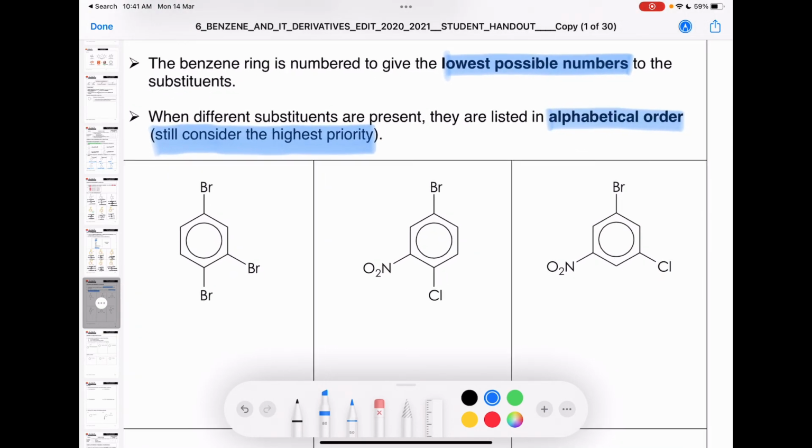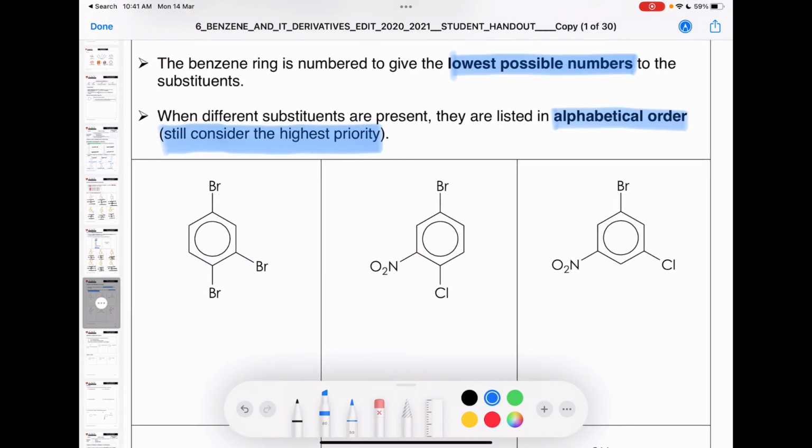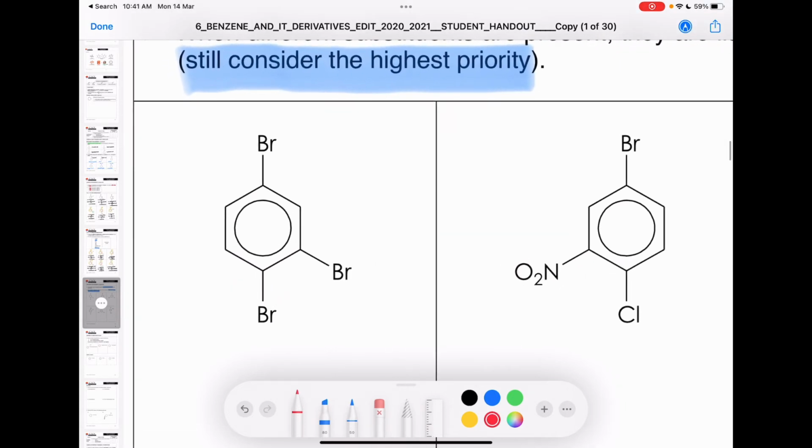Let's take a look at the example that we have here. For example, we have this bromine. We have 3 bromine. So how can we locate the number to this structure? Let's make a trial first.